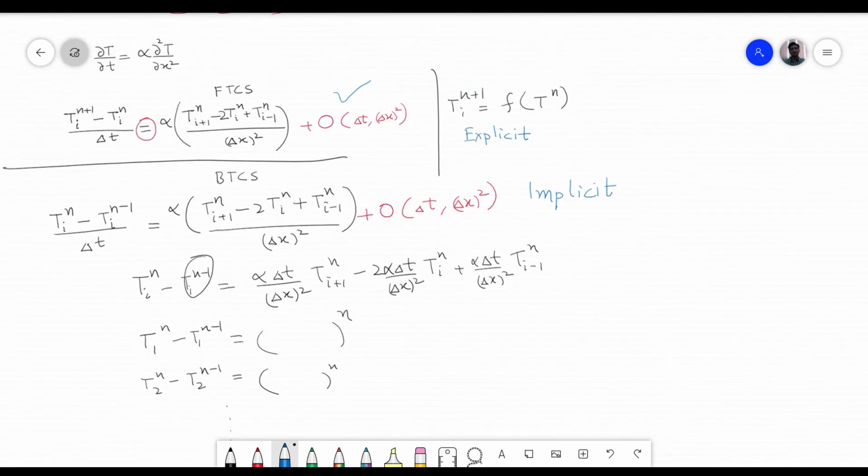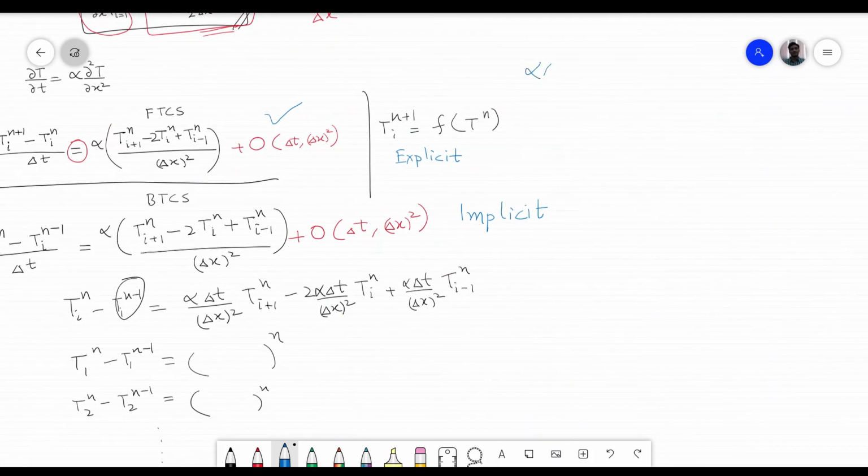One is that, I did not show you in the MATLAB code that we wrote, we took the value of alpha delta t by delta x square, if you remember, as 0.1. We said T_i^(n+1) is equal to 0.1 times the entire thing in the bracket plus T_i^n, and it gave the result.